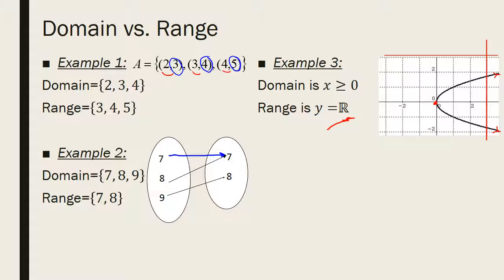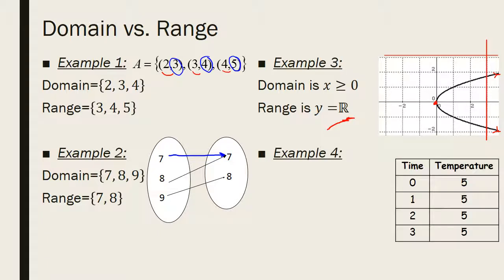Now, let's take a look at a table. We have this example where we have time and temperature. Time in this case is going to represent the independent variable, which is x, and the temperature is going to represent the dependent variable, which is going to be represented by f of x.